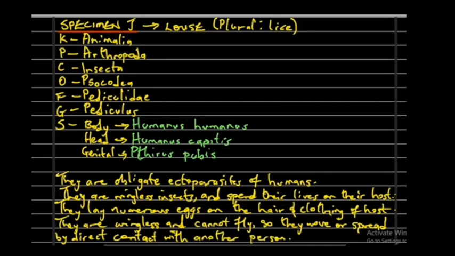That is how this particular organism moves and spreads itself about. Or you can find them on bed sheets that are infected. Yes, these are ways through which you can actually see these organisms.